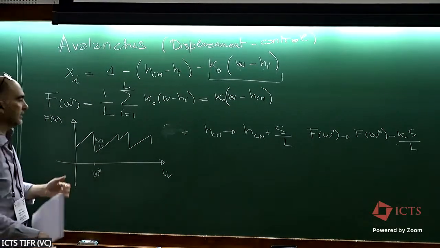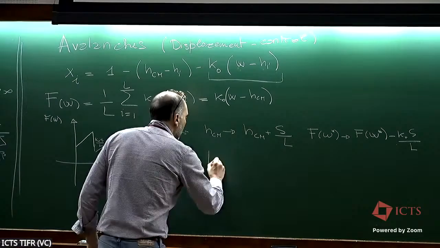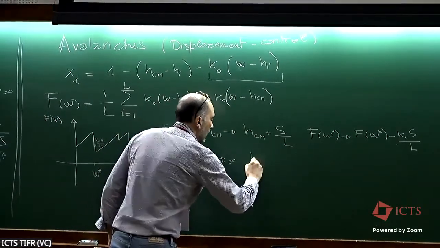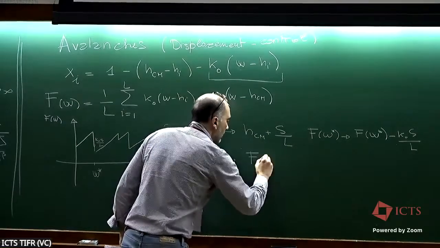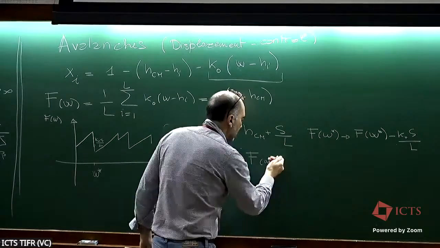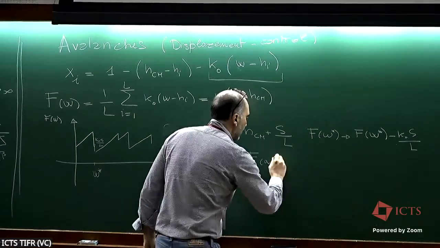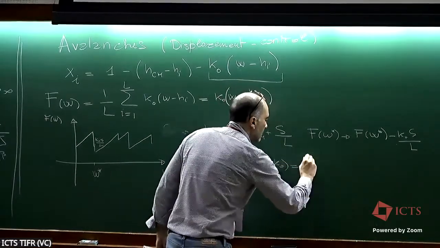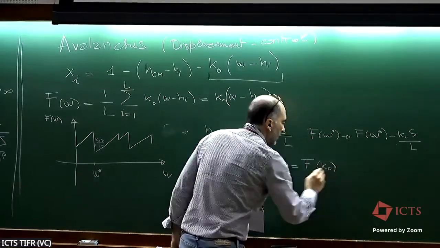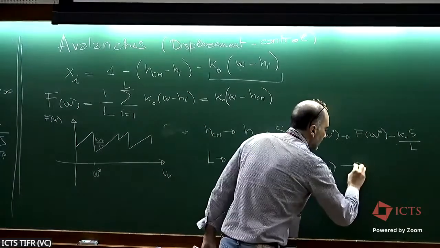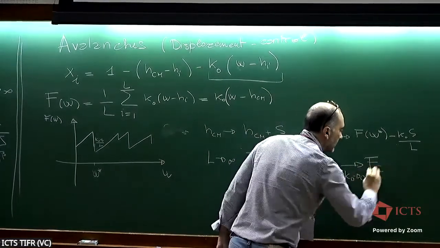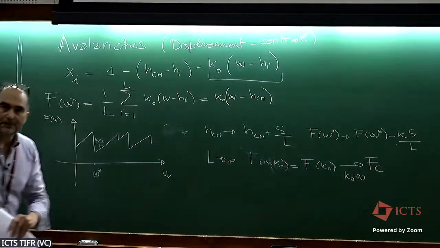And so when L goes to infinity, F of W is a number, okay, function of W and K0. And this number, when K0 goes to 0, becomes the critical force. We will see that, okay?